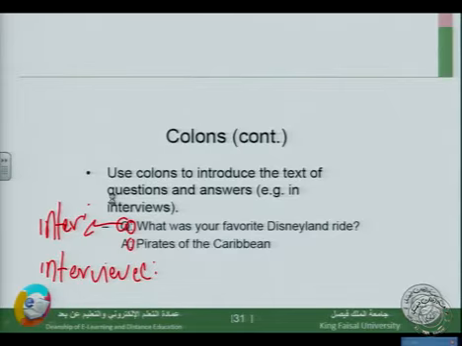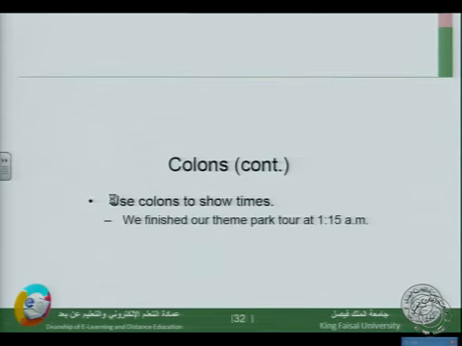If we have a dialogue between two persons, after the name of each person, of each actor, we need to put colons. So we need to use colons to introduce the text of the questions or answers.